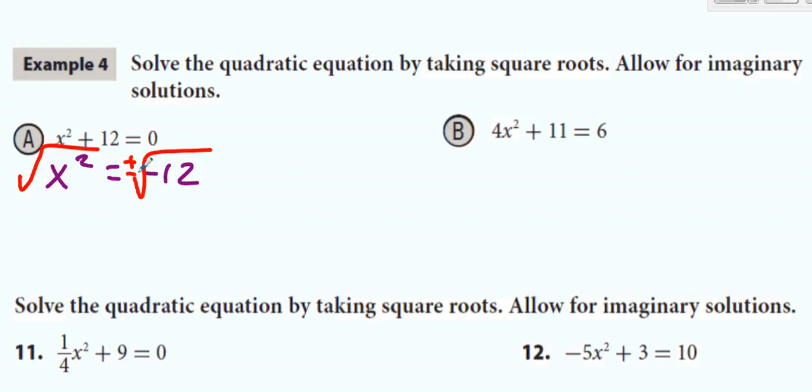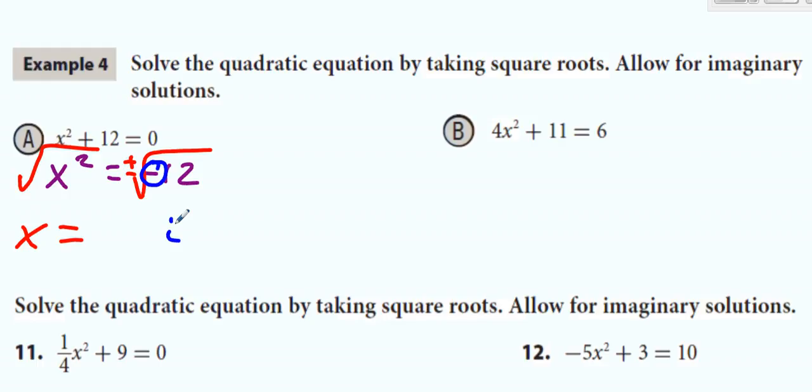When you do that, you've got to remember you're going to get a plus or minus. So this negative that's inside the square root, all that does is put an i in our answer. That's it. Since it's a negative, it's going to be an imaginary answer.